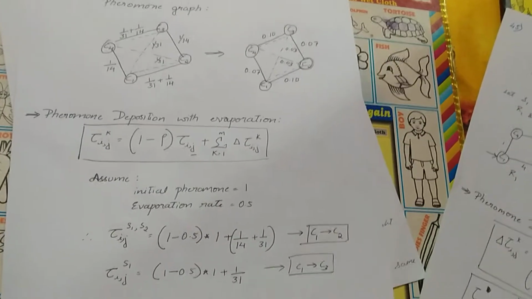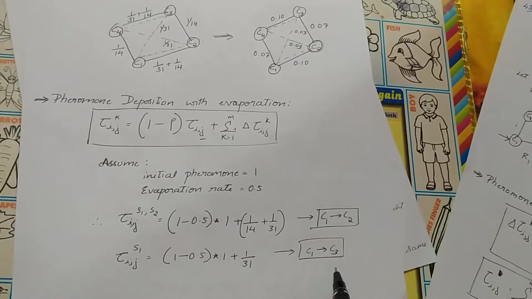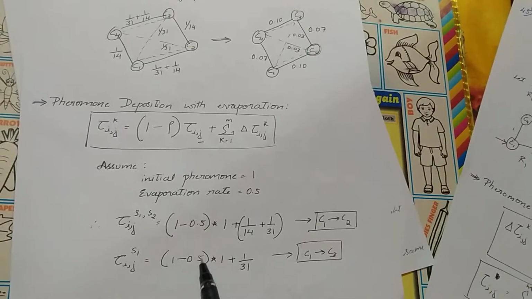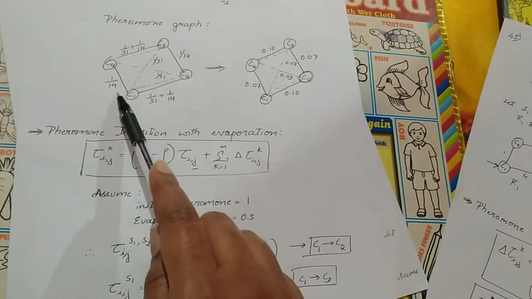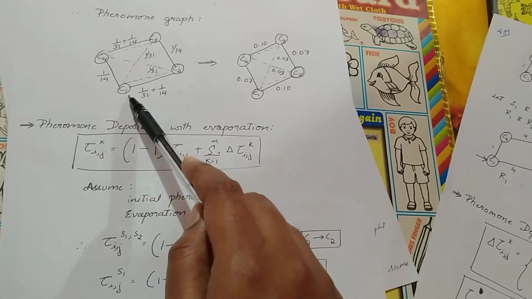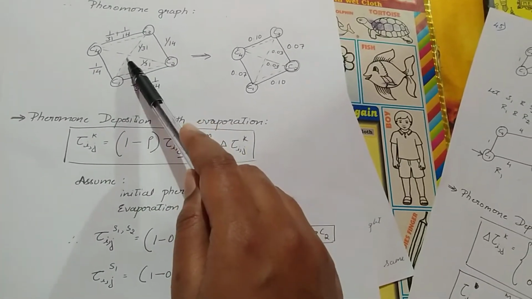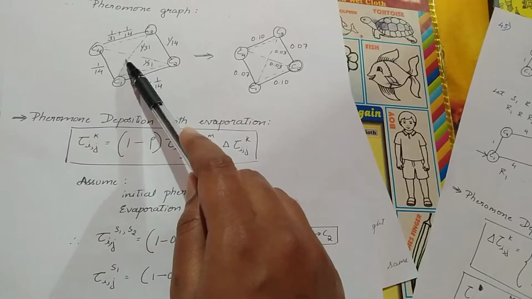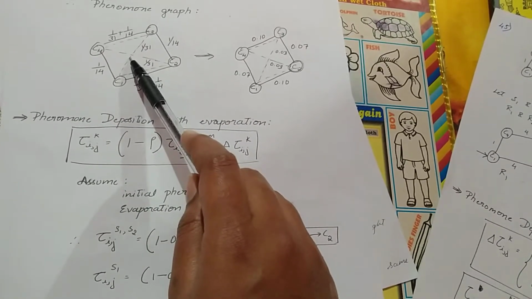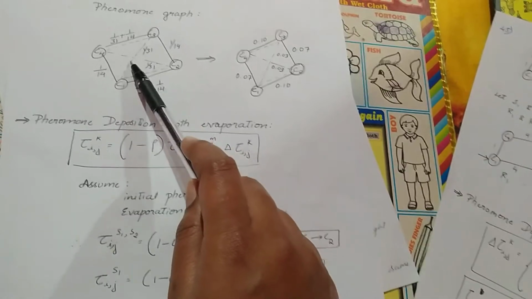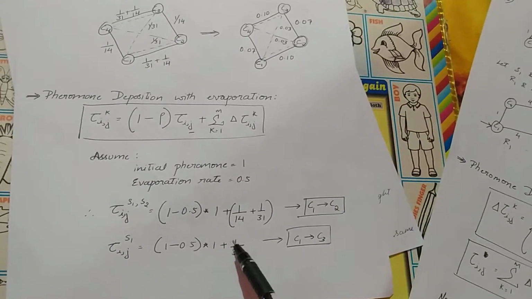Similarly for C1 and C3, it is the same: 1 minus 0.5 into 1, plus, here on C1 and C3, only the second ant is moving and the first ant is not, so the pheromone deposition is based only on the second ant. So here it is 1 by 31.